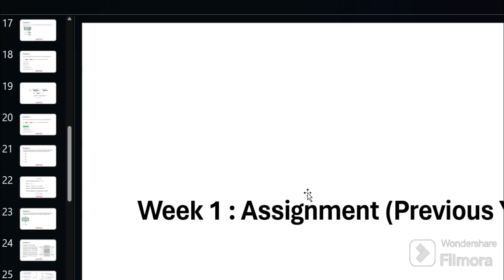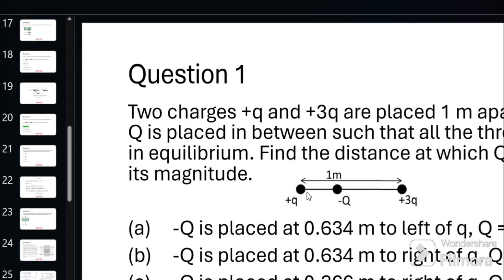Now we move to the previous year assignment. This is the week 2 assignment. Sorry for the typo, this is the week 2 assignment for the previous year. Here we have one question. We have 2 charges, plus Q and plus 3Q, placed 1 meter apart from each other.